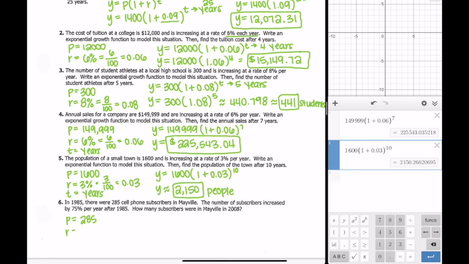That rate of increase is 75%. So that means 75 out of 100, which is 0.75. Now for T, it does say that increased by 75% per year. So T represents years since 1985.